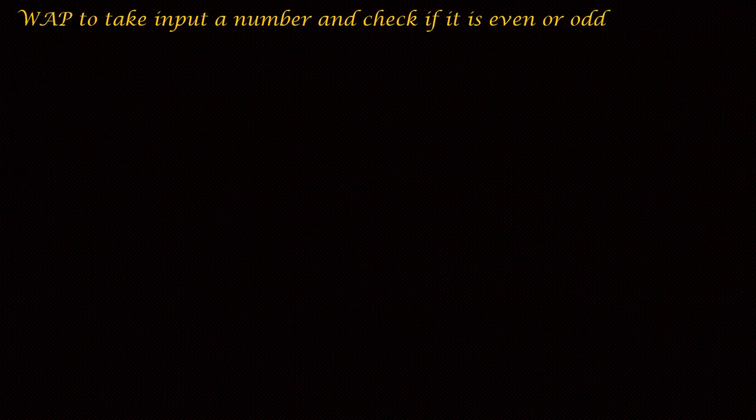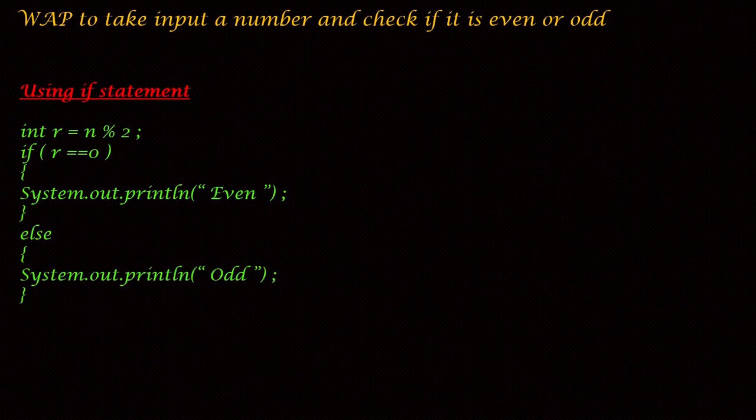Okay. Let us take up one more example. We have to take input a number and check if it is odd or even. I am just showing you the if part. I have taken input a number n, and in order to check odd or even, I have to find out the remainder if I divide the number by 2. Why?